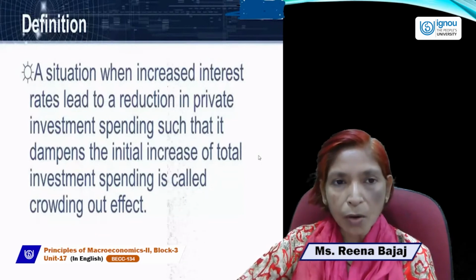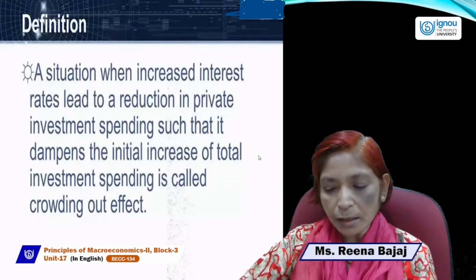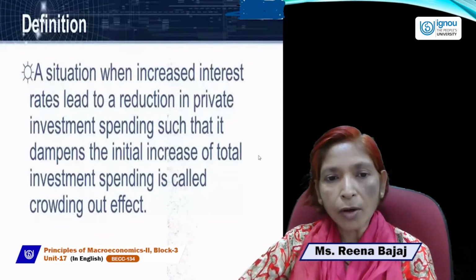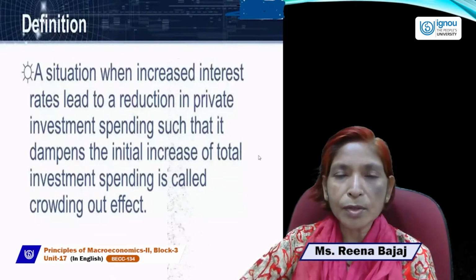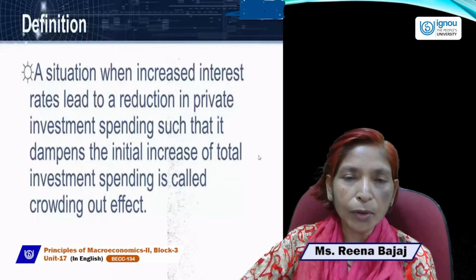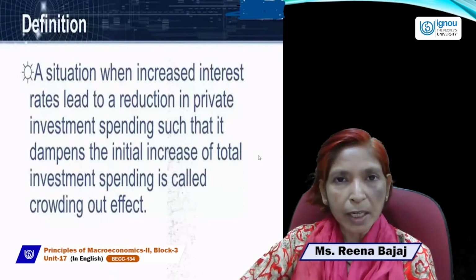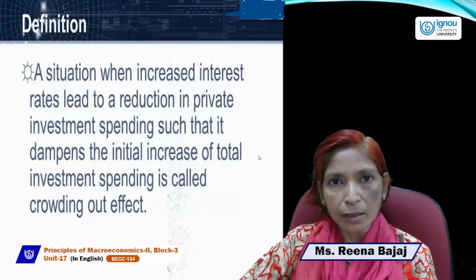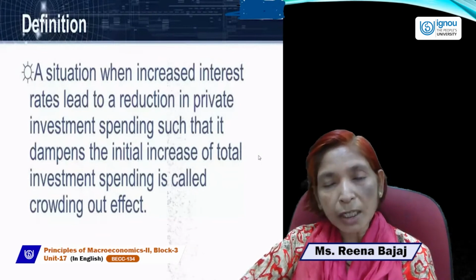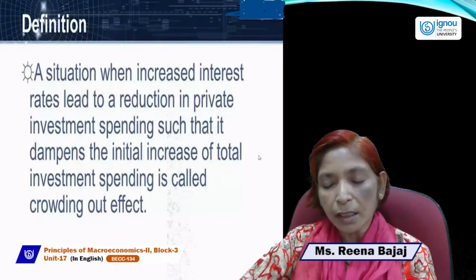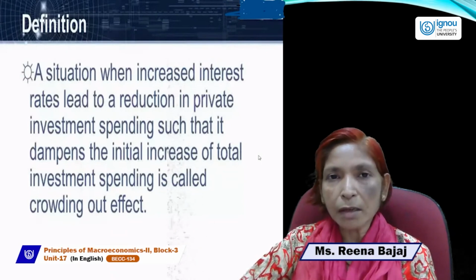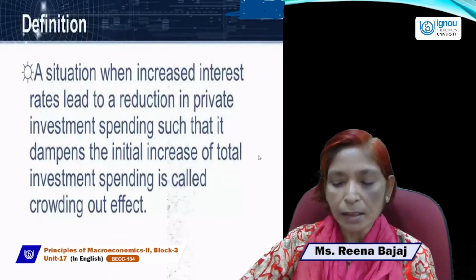So crowding out means the reduction in private spending due to a rise in interest rate when government follows expansionary fiscal policy. It means the income level which could increase by the multiplier is not increasing by the multiplier effect here.